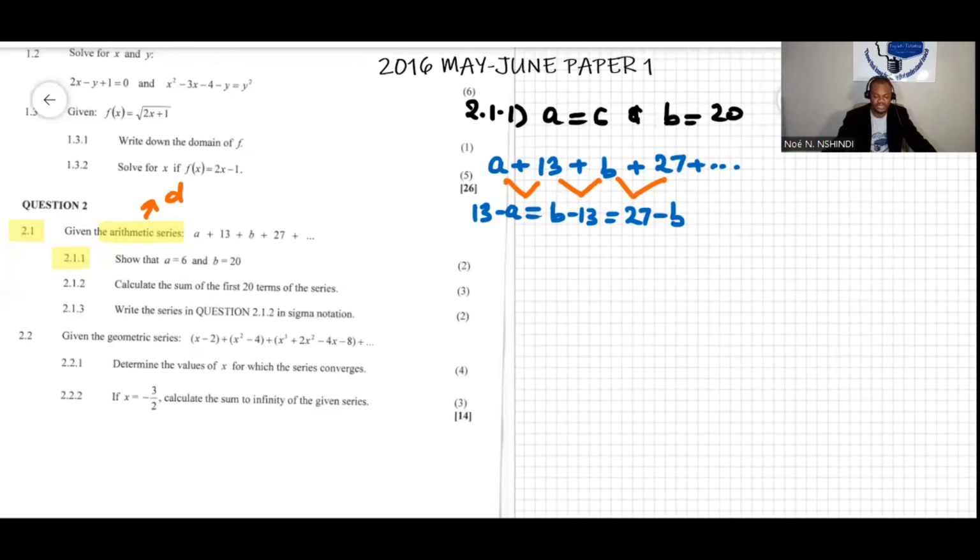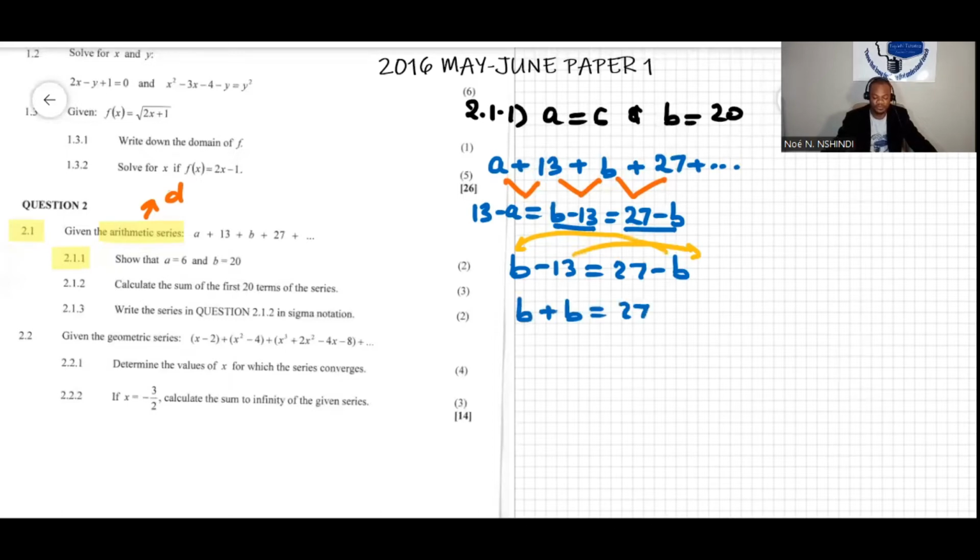I prefer to take the last two, this one and that one, so I can equate them. Meaning B minus 13 is equal to 27 minus B. So I can move the negative B over this side and negative 13 on the other side, and then we will have B plus B equal to 27 plus 13.